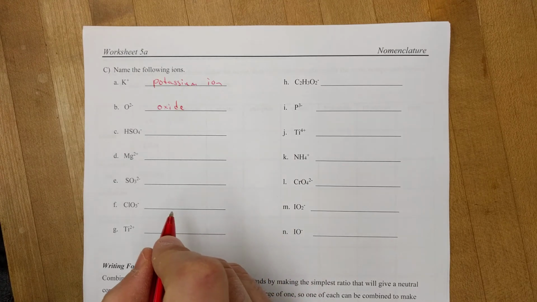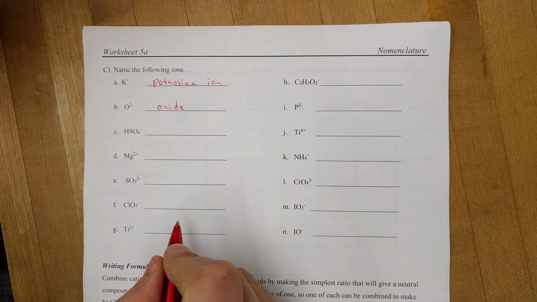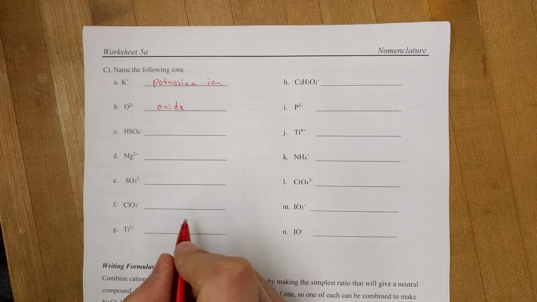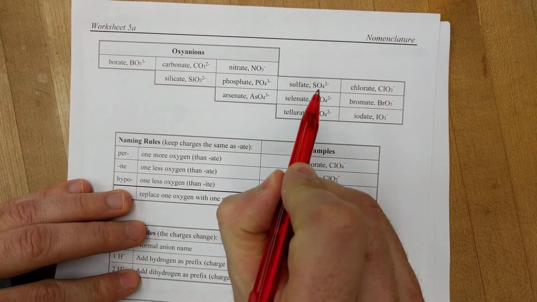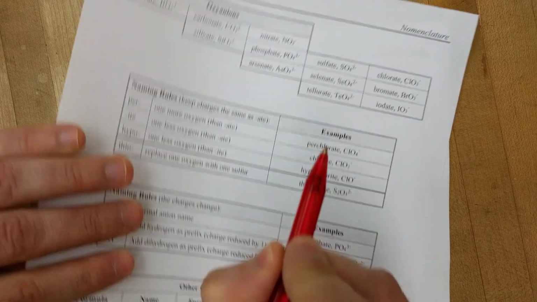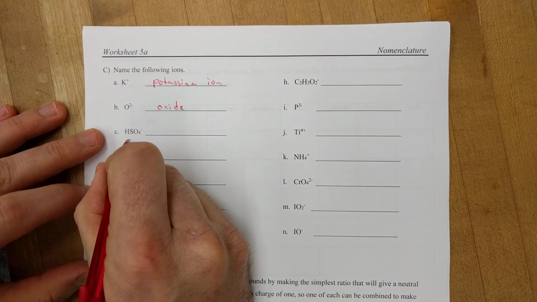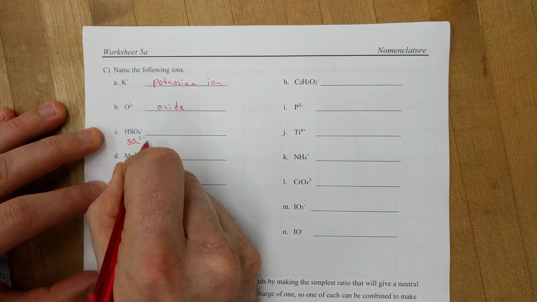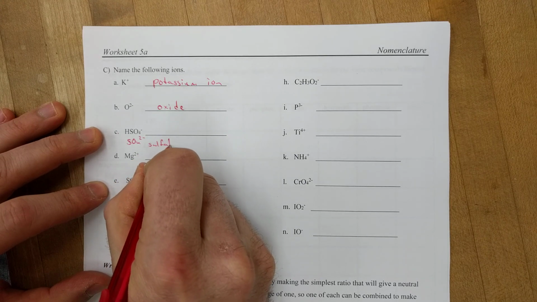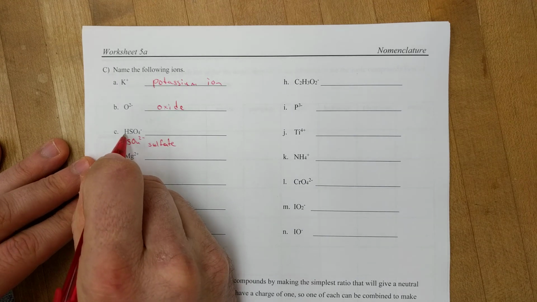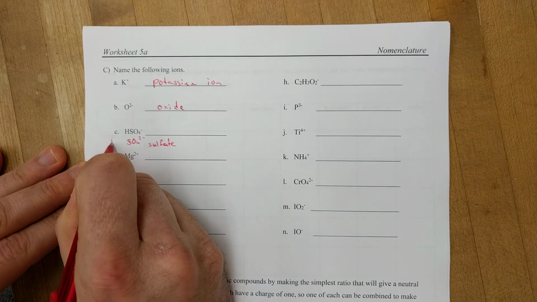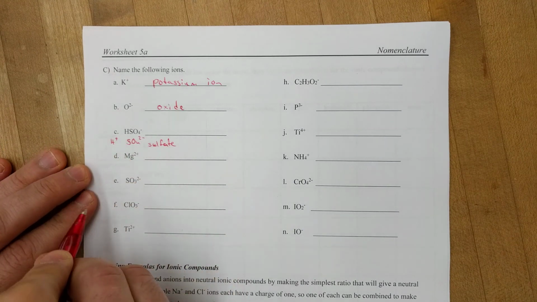This next one up is an interesting one. It looks a lot like sulfate, right? Sulfate is right here, SO4 with a 2 negative charge. So sulfate is like this. But that's just like you stuck a hydrogen ion onto a sulfate.